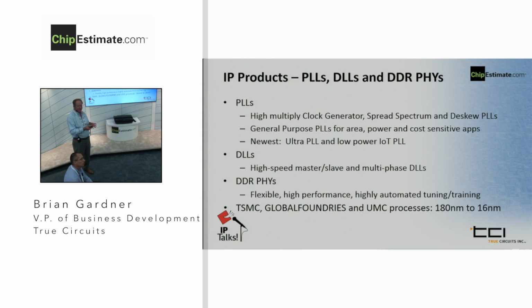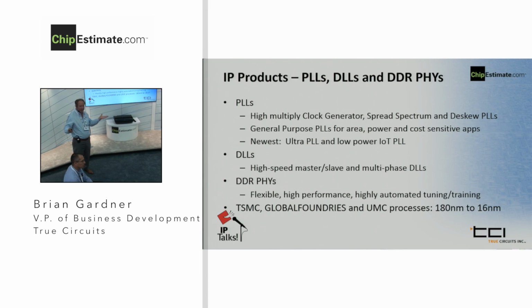DDR is a really fairly sophisticated product. It's meant to be able to handle a lot of physical variability. It's able to build PHYs that might go across 2 or even 3 sides of the chip and still be able to close timing. It has a lot of automated training. Every pin automatically adjusts.